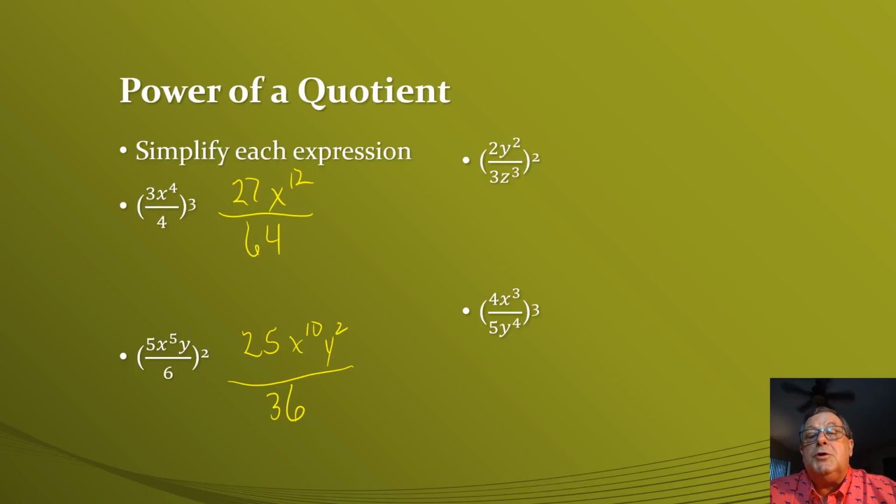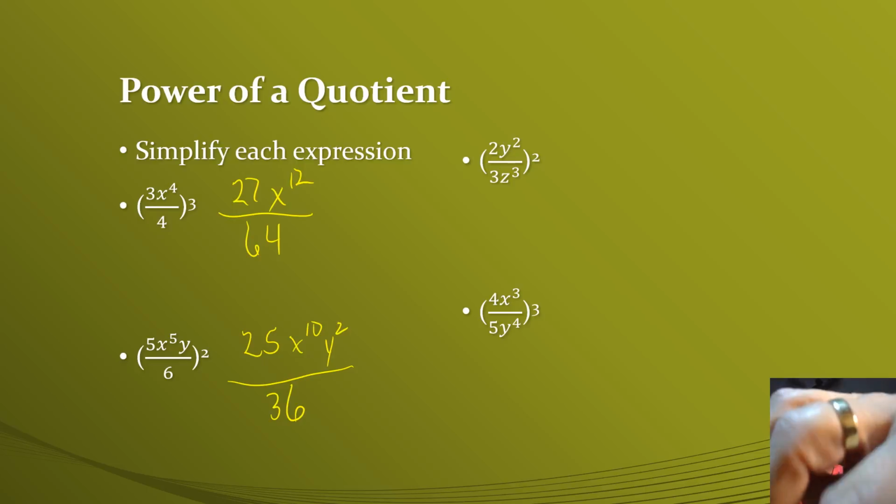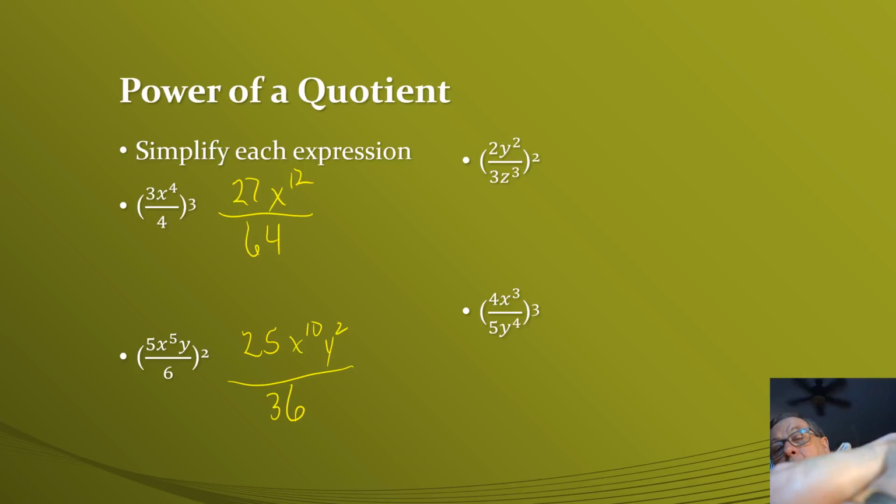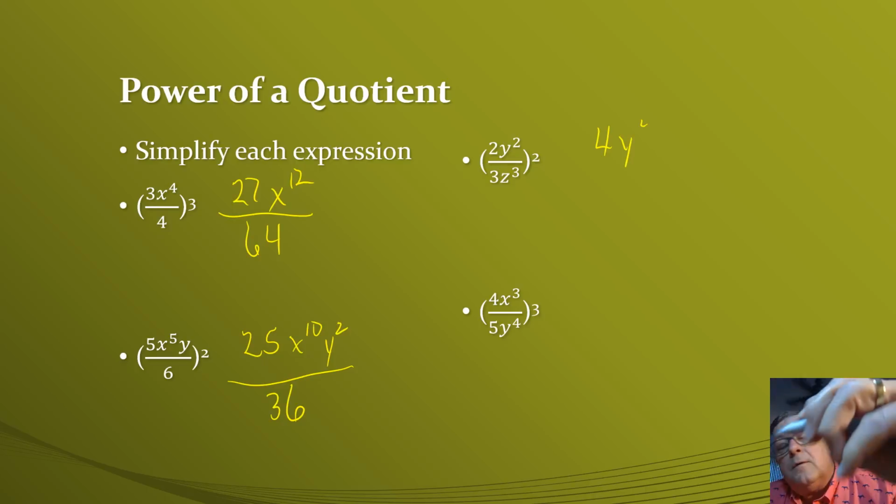All right, another rational expression, 2y squared over 3z cubed, all squared. Again, we're looking at the numerator first, so 2 squared is 4. And y squared squared, 2 times 2 is 4, so that's y to the 4th.